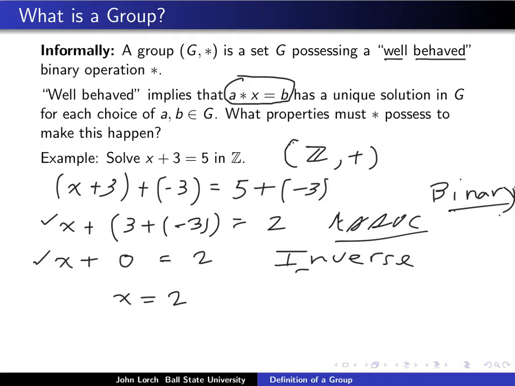So we applied an inverse property there. And then to get down to the last step, we used the fact that 0 is an identity, meaning that when we take any number and add 0 to it, it leaves that number unchanged.